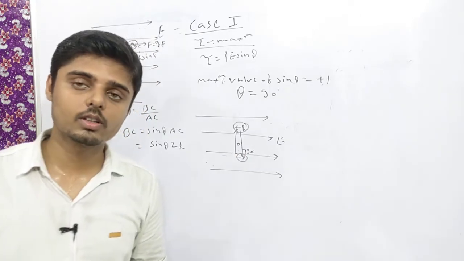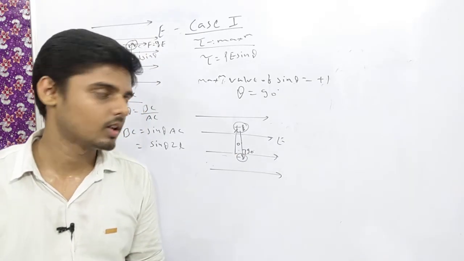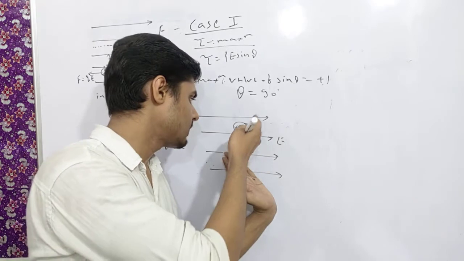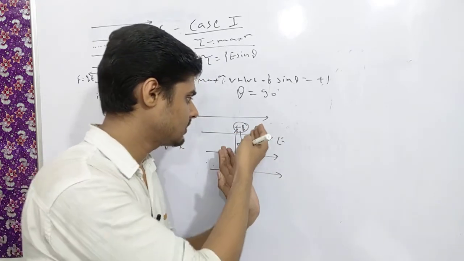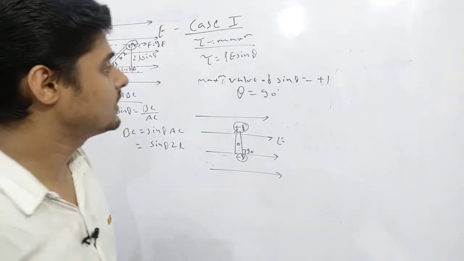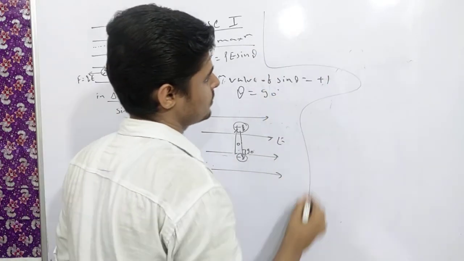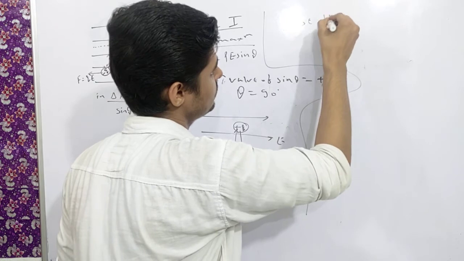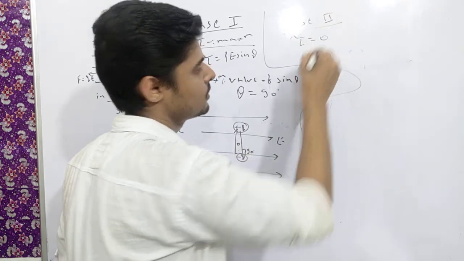And what will be the effect of torque? Torque will try to rearrange the dipole in such a direction that the torque becomes 0. So now take case 2, when torque is equal to 0.